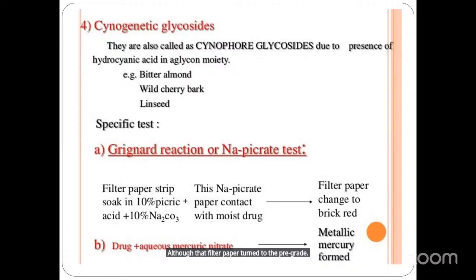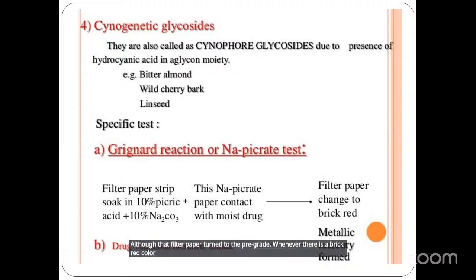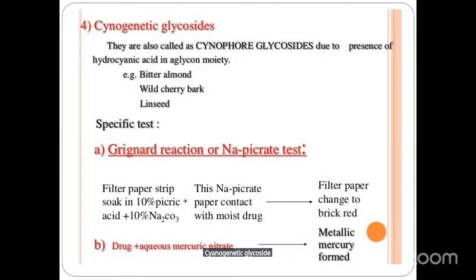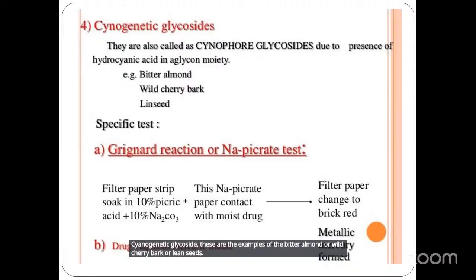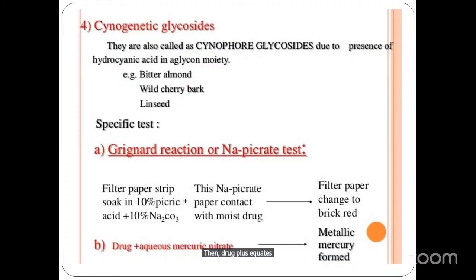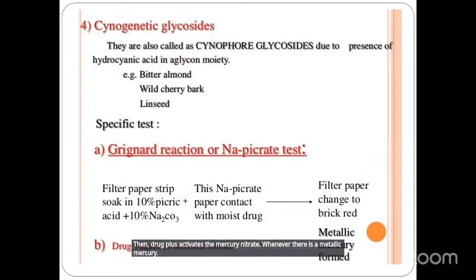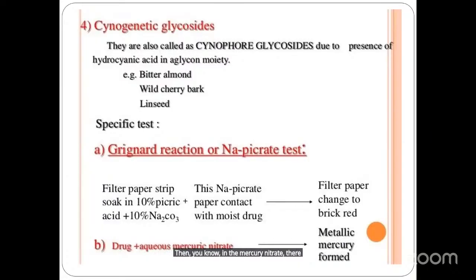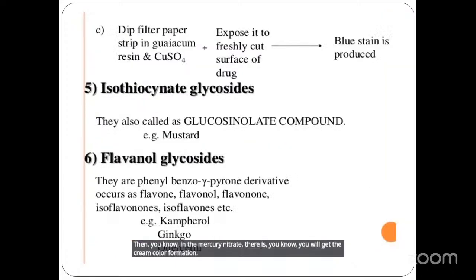Whenever there is a brick red color, you can say these are examples of cyanogenetic glycoside, like bitter almond, wild cherry bark, or linseed. Then drug plus aqueous mercuric nitrate: whenever there is metallic mercury in the mercuric nitrate, you will get a cream color formation, right?